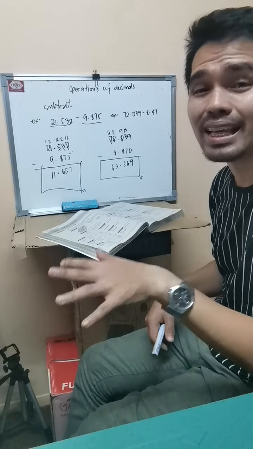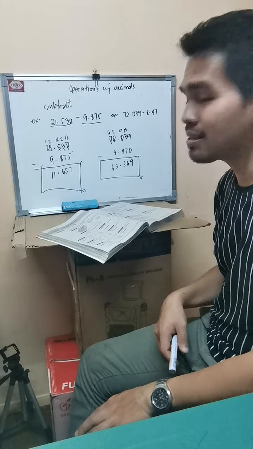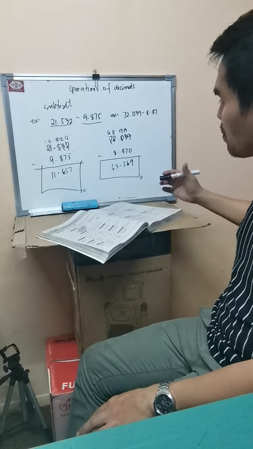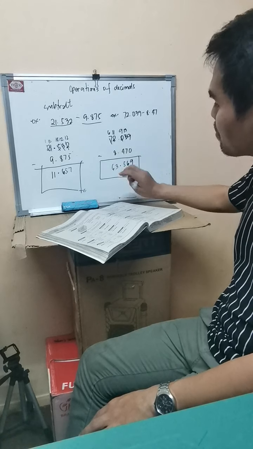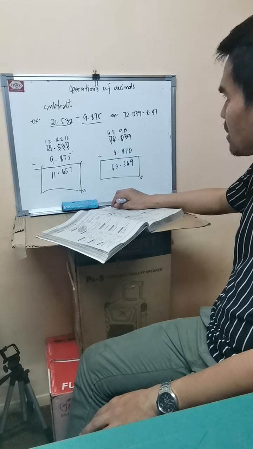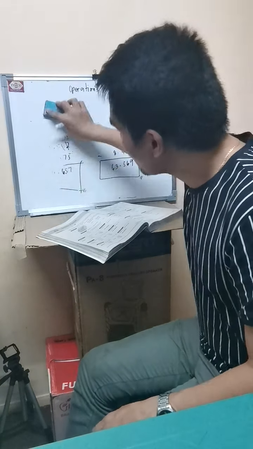So just comment in the description of this video, so I'll know whether there are things that I haven't performed correctly. But for this, I hope that you arrive with an answer of 63 and 569 thousandths for this one. We are done already with subtraction operation.